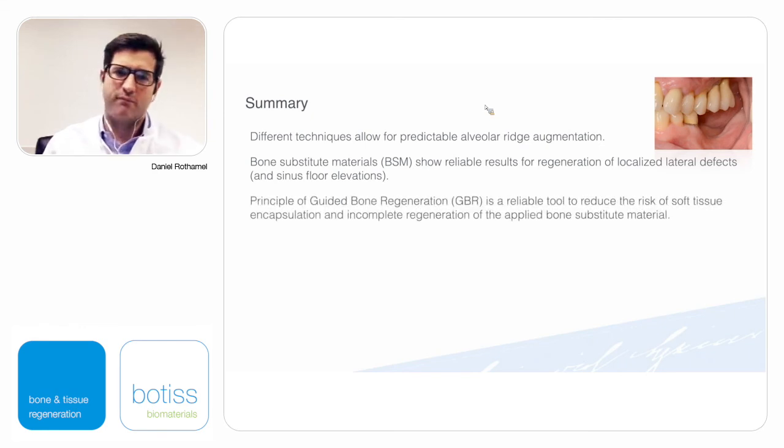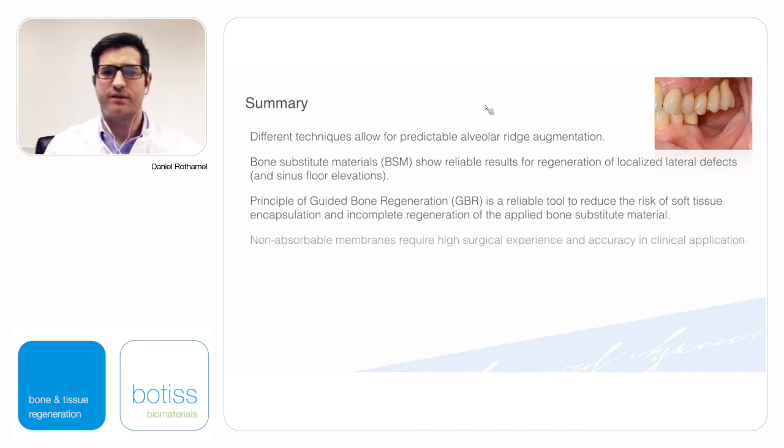However, when we're using bone substitute materials, we have to be aware that also the soft tissue will try to invade into the defect area, and the principle of guided bone regeneration is a reliable tool to reduce this risk that leads to superficial soft tissue encapsulated bone substitute particles and, vice versa, incomplete regeneration of the applied volume of the bone substitute material.